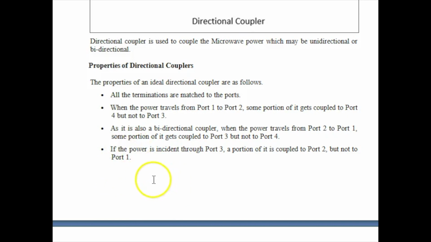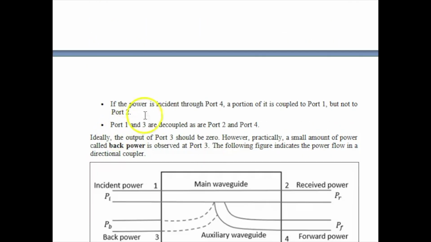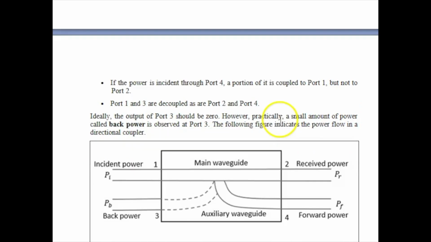If the power is incident through port 3, a portion of it is coupled to port 2 but not to port 1. If the power is incident through port 4, a portion of it is coupled to port 1 but not to port 2. Port 1 and 3 are decoupled and port 2 and 4 are also decoupled.